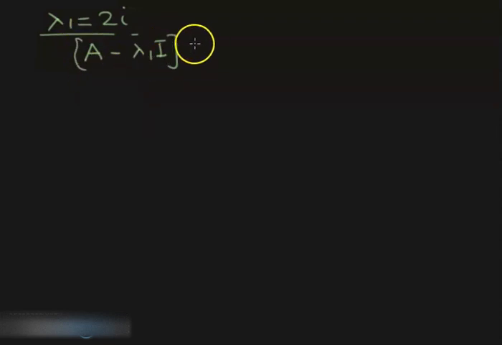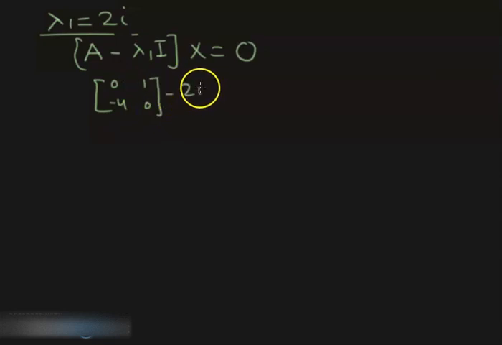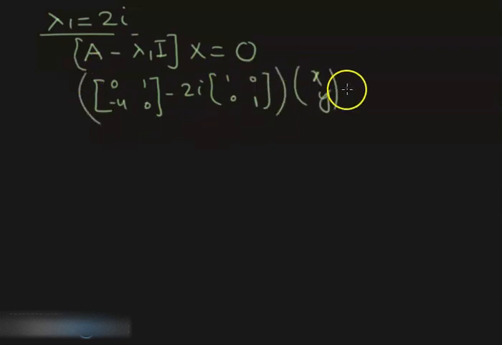So for lambda 1 equal to 2i, we will find the eigenvector. We need to solve A minus lambda 1 I operating onto the vector (x, y) to be the zero column vector. A was 0 1, minus 4 0, minus 2i times the identity 1 0, 0 1, and all of this is operating on (x, y) set to be (0, 0).